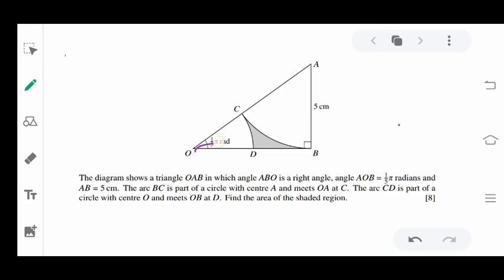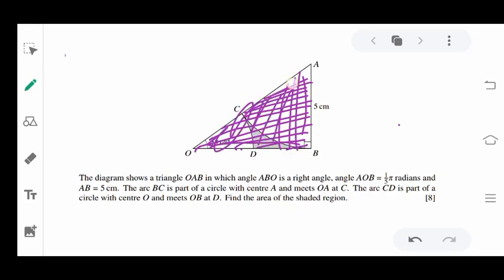From the total area of triangle, if we delete the area of this sector and the area of the sector ABC, we get the area of shaded region.